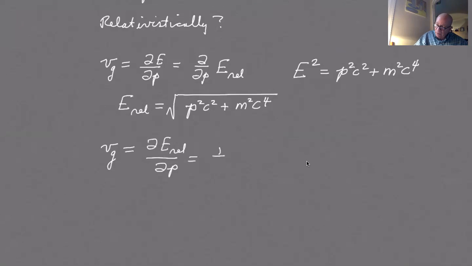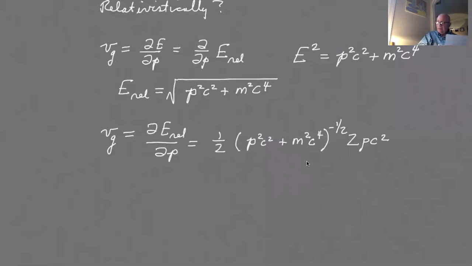That's going to be one half of p squared c squared plus m squared c to the fourth, to the negative one half, times 2pc squared.